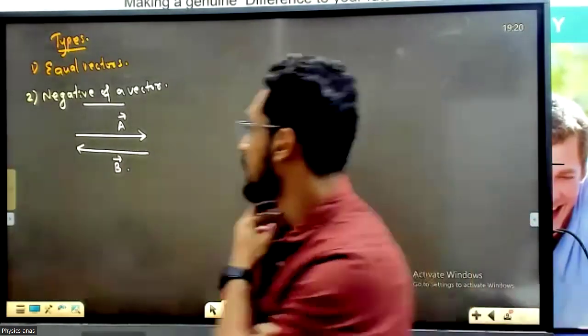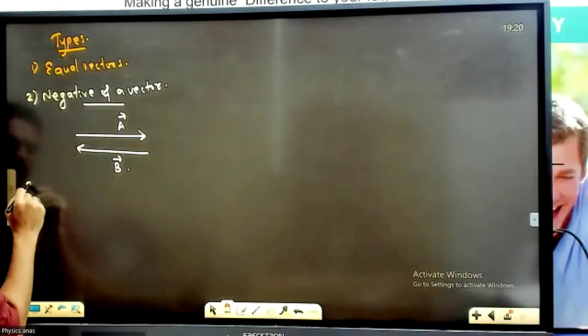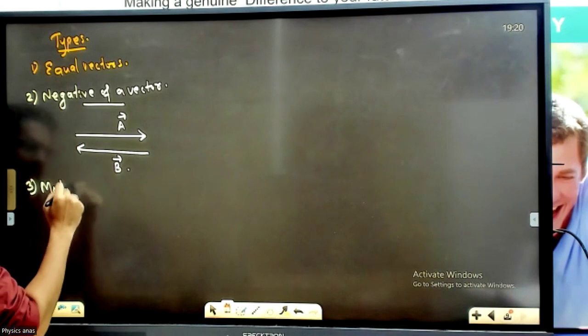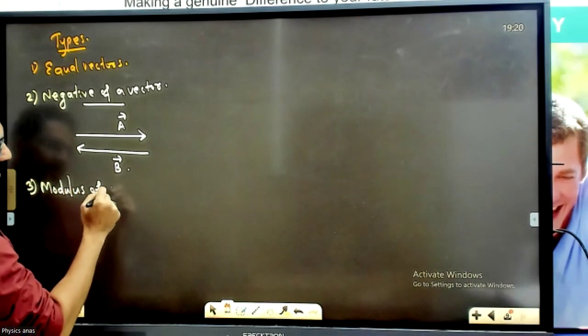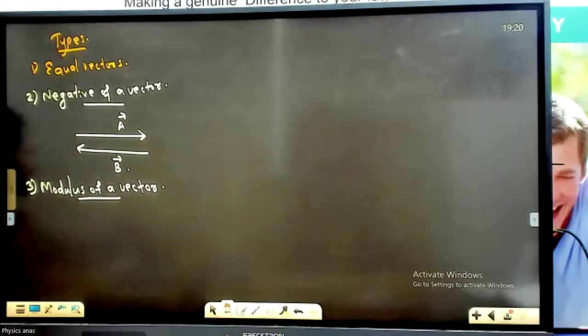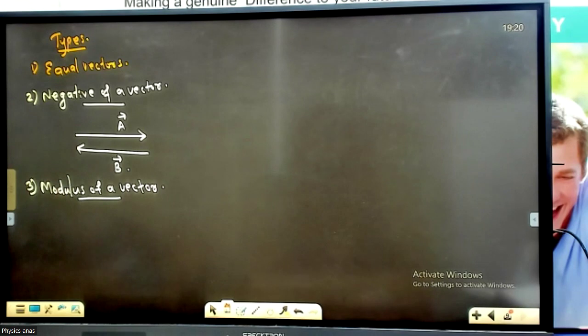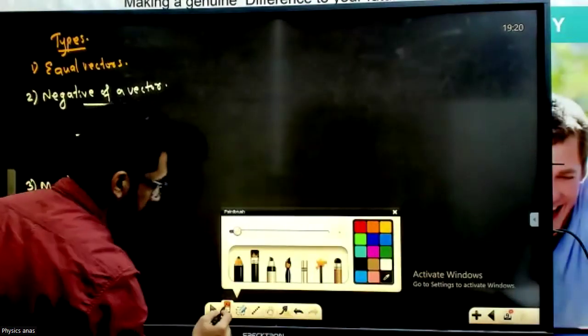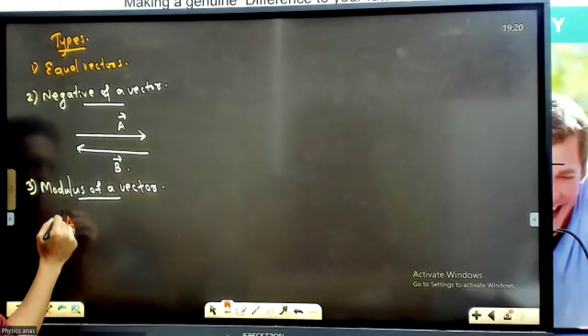Okay, then the third one is modulus of a vector. That's not a type of vector, but you need to understand this term. Look here, we can represent a vector like this.